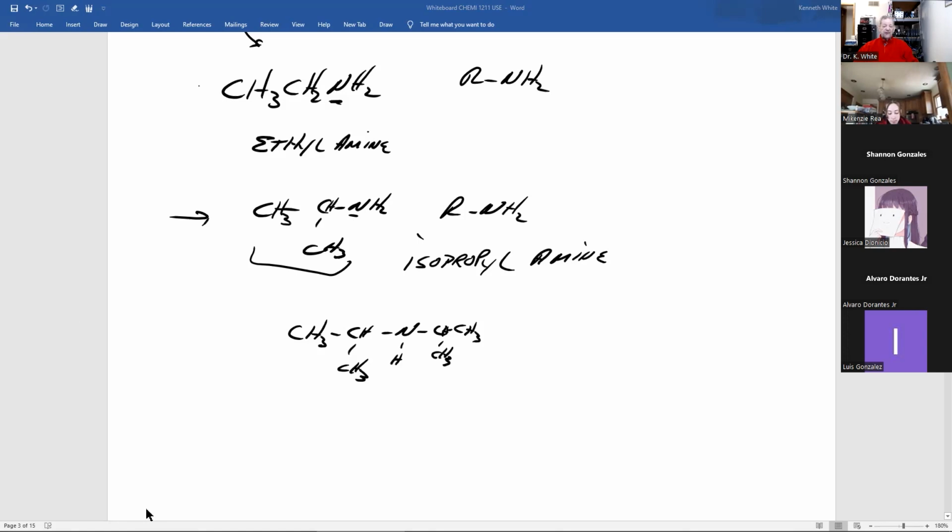And notice there's 3 bonds to nitrogen in amines. That's why there's 2 alkyl groups and 1 hydrogen.